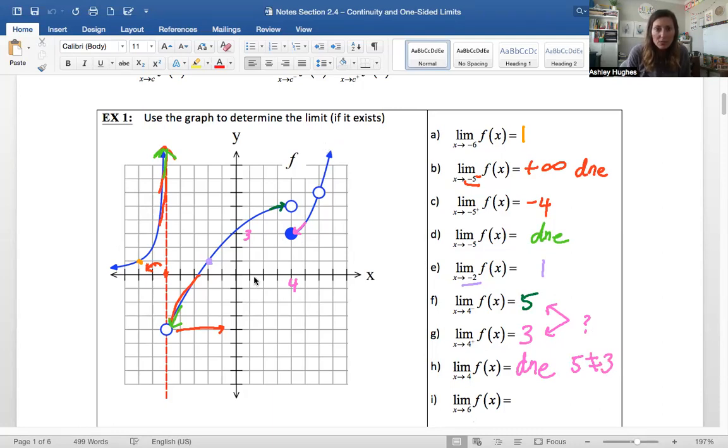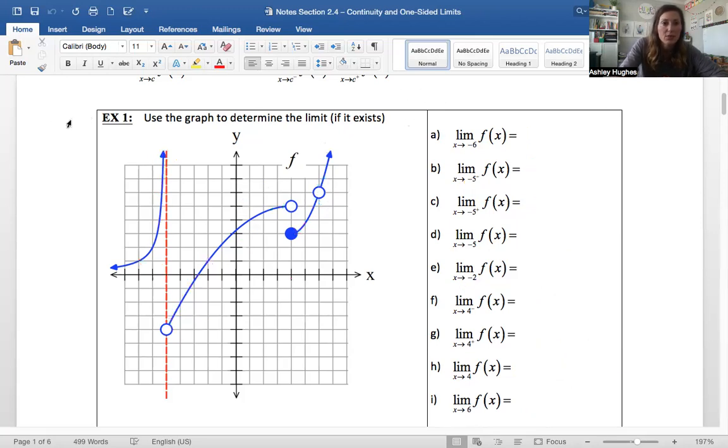Limit as x goes to 6. 1, 2, 3, 4, 5, 6. Here we are. We have an open circle, but from the left and the right, they're both approaching that open circle, which is at 1, 2, 3, 4, 5, 6. That's at 6. So that's a little bit about how you look at one-sided limits graphically.